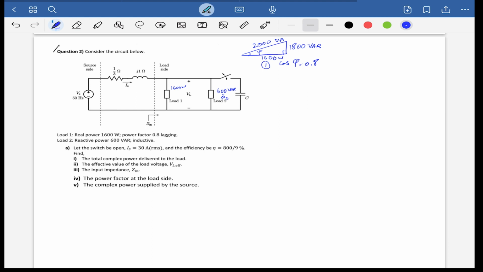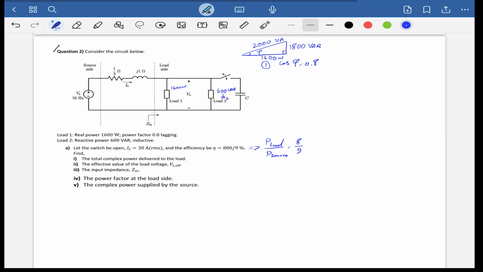So IRMS is also 30. So what can this mean for us? Also, they gave us 800/9 the efficiency. So from here, efficiency is just P of load, the real power, over P of source, which will be 8/9. This is given in percent, but we got this as 8/9.